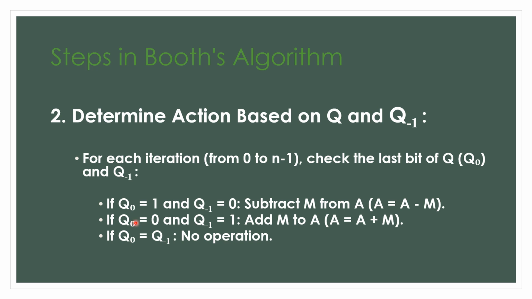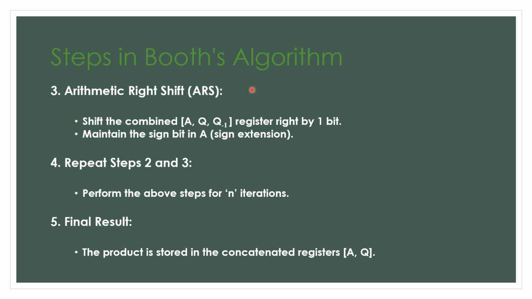If Q0 value is 0 and Q minus 1 value is also 0, we don't perform any operation. Likewise, if Q0 value is equal to 1 and Q minus 1 value is also 1, we don't perform any operations. After that, we right shift each bit.